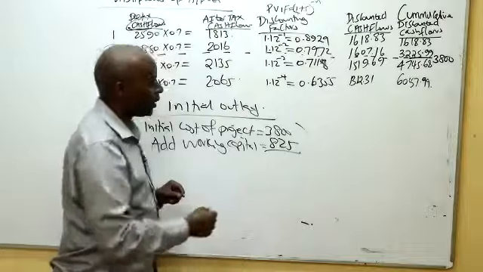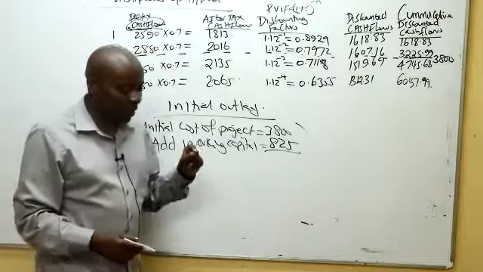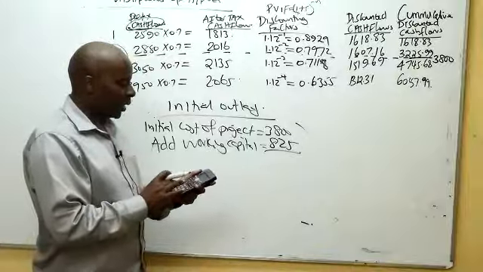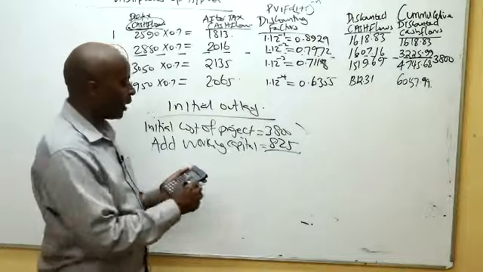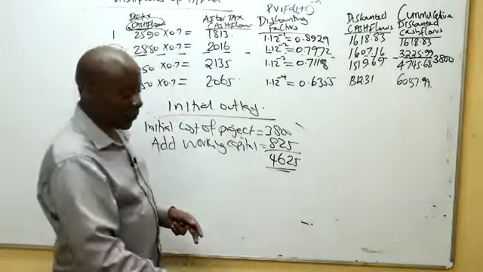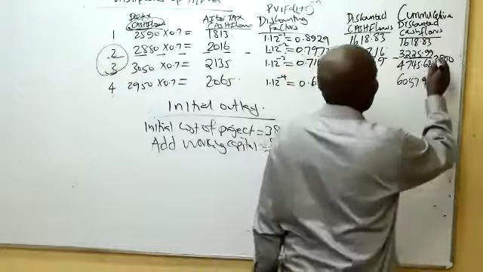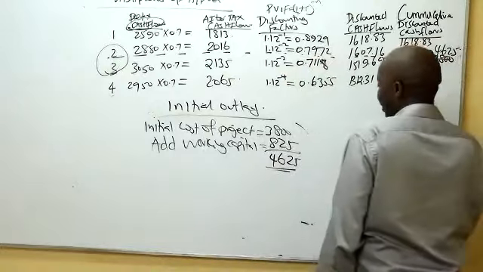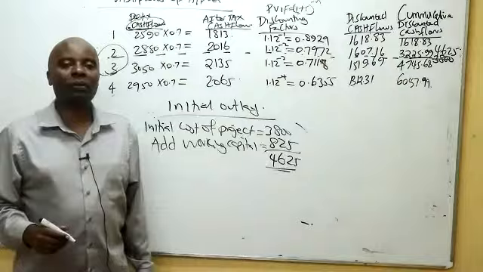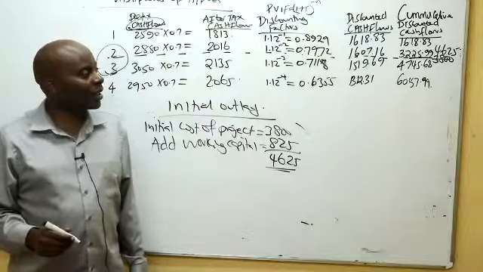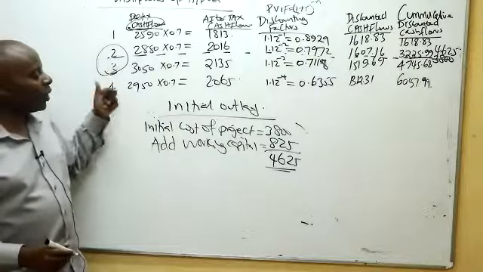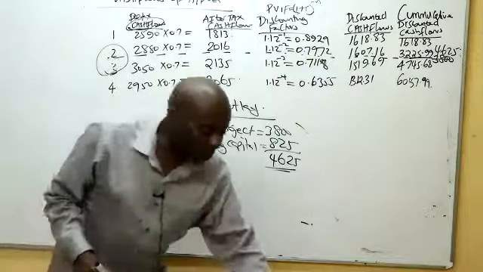So please give us this total here: 3,800 plus 825. This gives us 4,625. So where does 4,625 fall? Still between years 2 and 3. So I would want to hear from somebody: what will be our payback period?